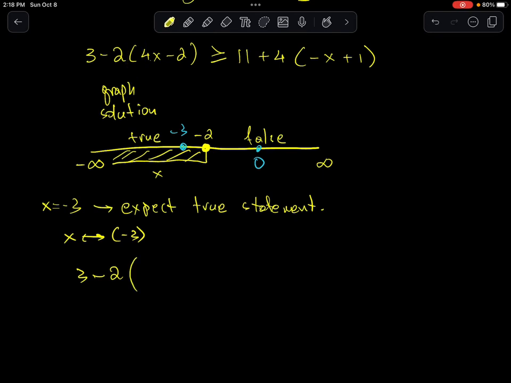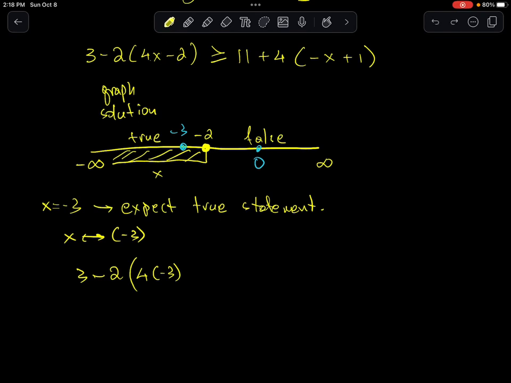I will make it a little bigger because I will have another parenthesis inside of it. 4 drops, x will be replaced by parenthesis -3. If you don't put a parenthesis, you may get it confused, and instead of multiplying times -3, you may actually subtract 3. So always put a parenthesis.